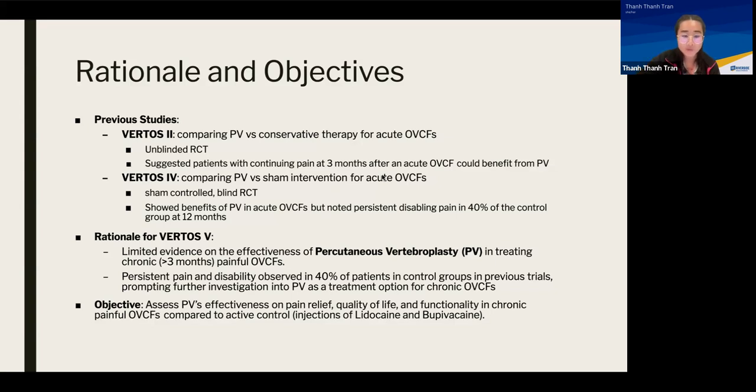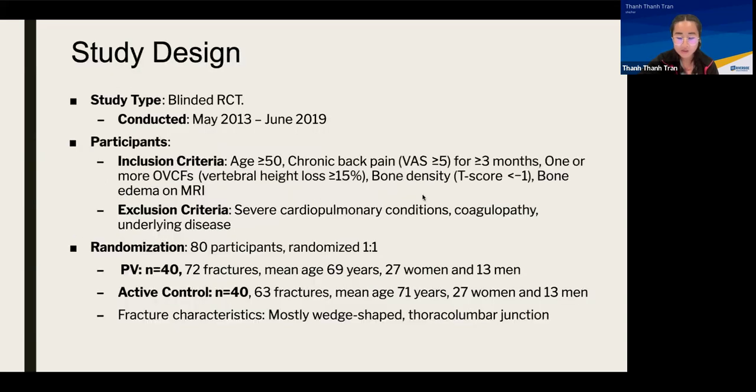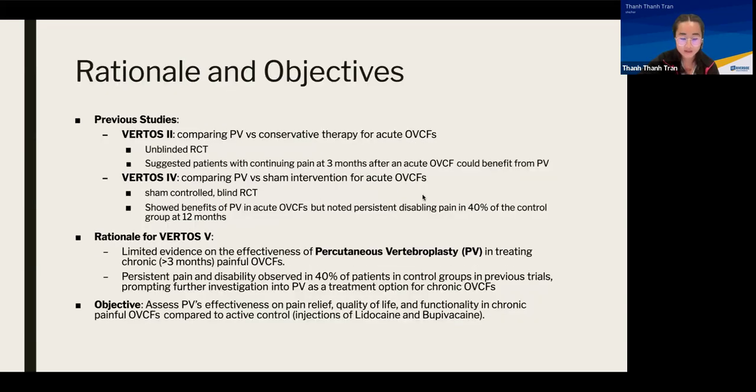Similarly, the VERTOS IV trial, a sham-controlled blinded randomized controlled trial, demonstrated benefits of PV in acute fractures. However, they found that 40% of the control group still experienced disabling pain at 12 months. So this highlights a gap in treatment for persistent or chronic cases of OVCF.